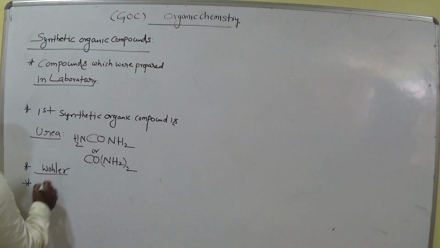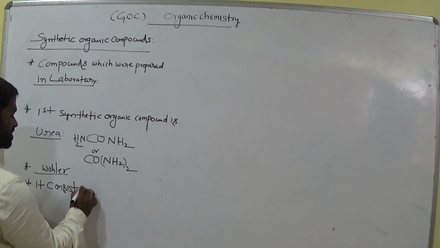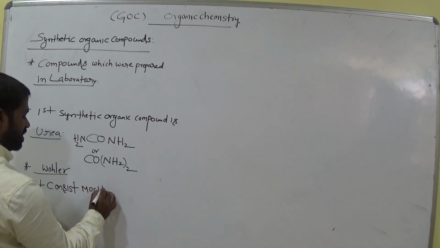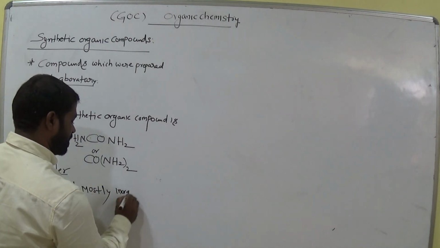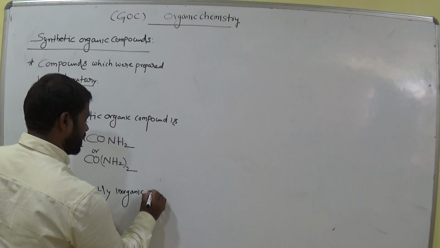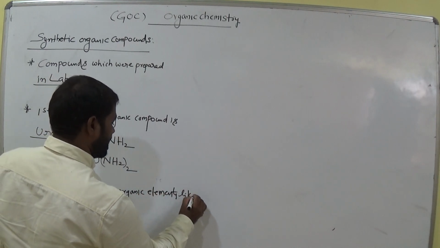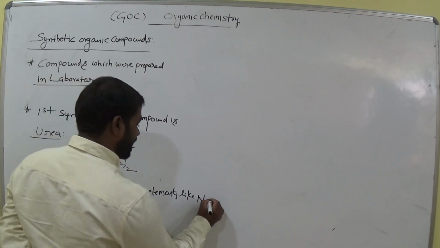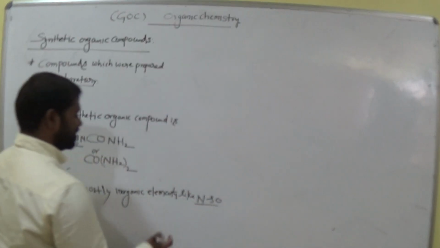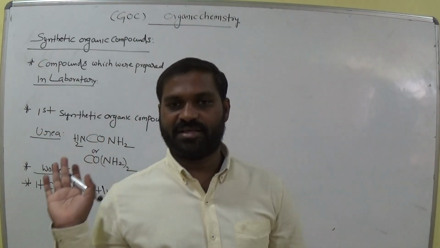And it consists mostly of inorganic elements like nitrogen and oxygen. Am I right? Nitrogen, oxygen, carbon, hydrogen, these are generally considered inorganic elements.